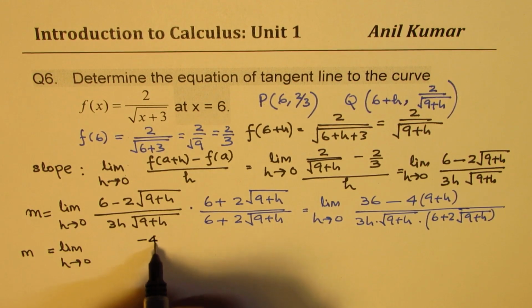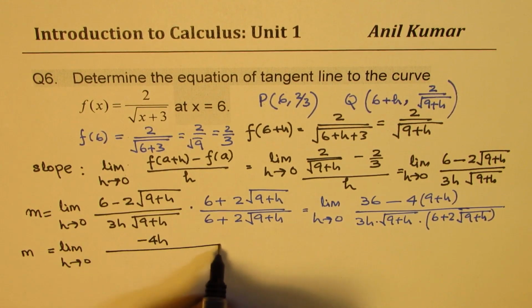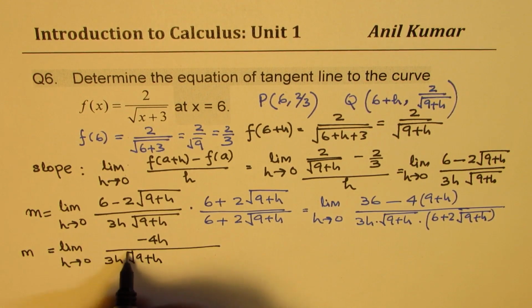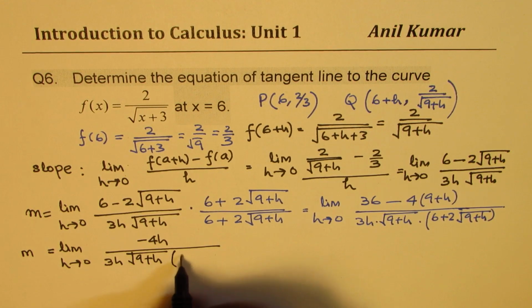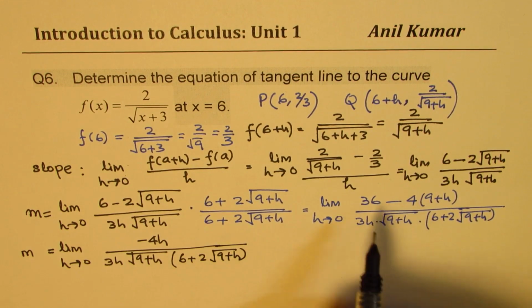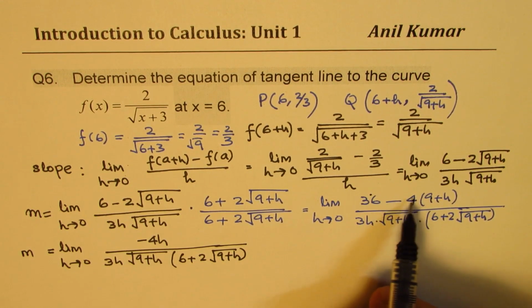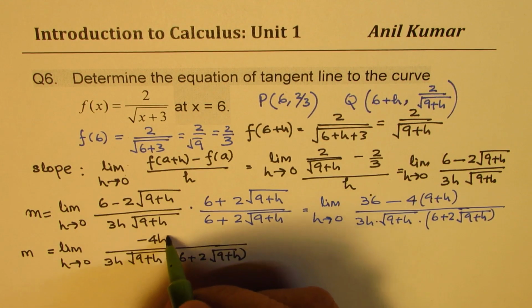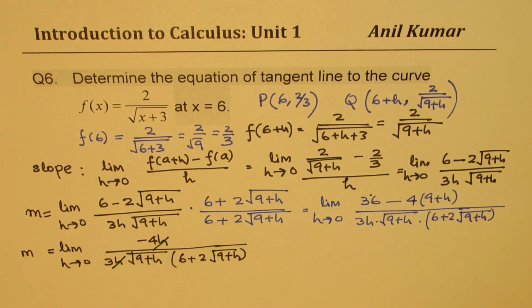So we have minus 4h over all this, which is 3h times square root 9 plus h times 6 plus 2 square root 9 plus h. Clear? So that 36 and 4 times 9 cancels. Now you could cancel the h.